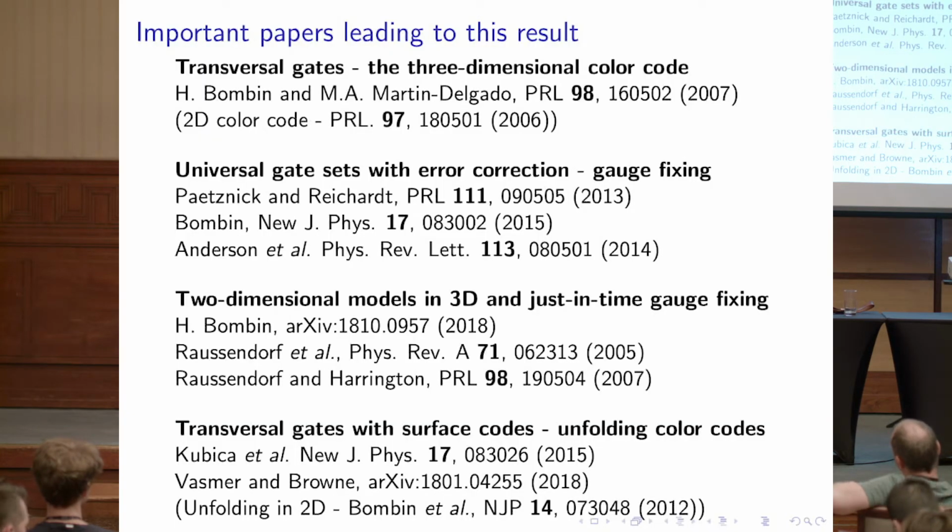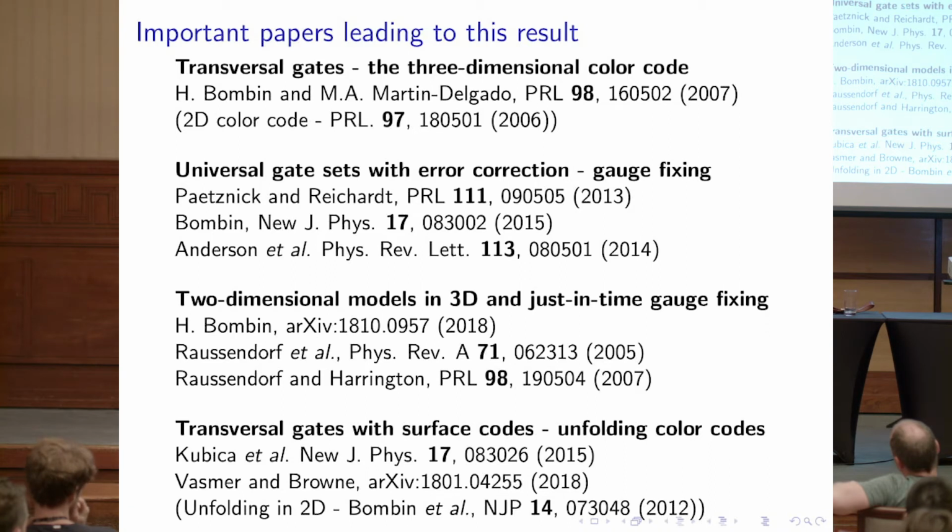Yeah, so I am out of time, but I just want to show you this. These are the main milestones towards this work, and what's really interesting is none of them have anything to do with the surface code, and a lot of them have things to do with Hector Bombin. So we came up with the 3D color codes, Hector and Martin Delgado, and they were kind of cool because they had a transversal non-Clifford gate, but people didn't want to build this because it had such high weight stabilizers and it was 3D.